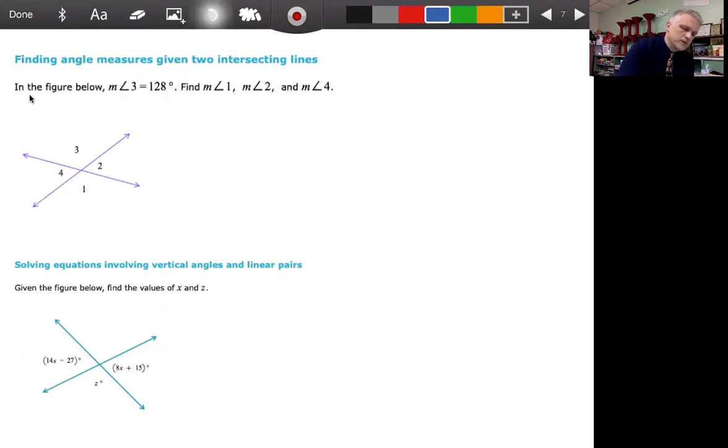So if we look at this question right here, let's fill in what they give us. The measure of angle 3 is 128 degrees. Now we can find angles 1, 2, and 4 quickly and easily. As I said, vertical angles are congruent. So that immediately tells us that angle 1 is 128 degrees.